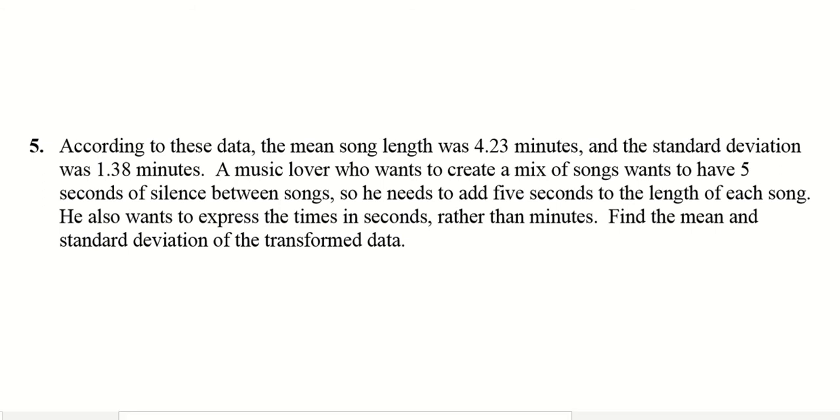I would highlight those because that's important. He wants to add 5 seconds to each song. So when you add on 5, remember adding or subtracting definitely affects measures of center, but not measures of spread. So you will not add on the 5 to the standard deviation, but you will add on the 5 to the mean.